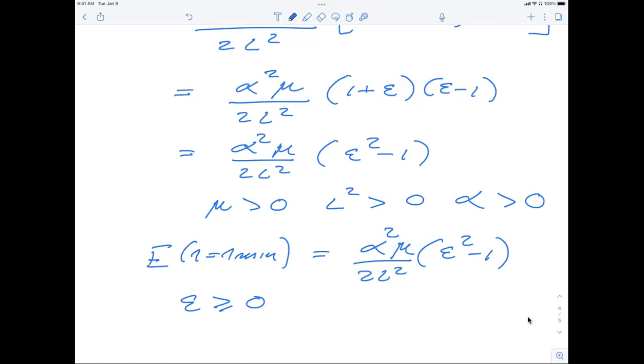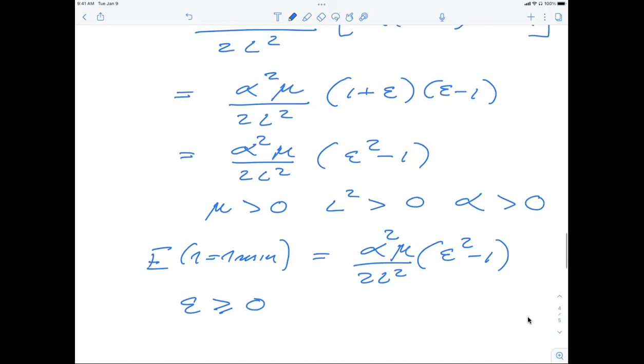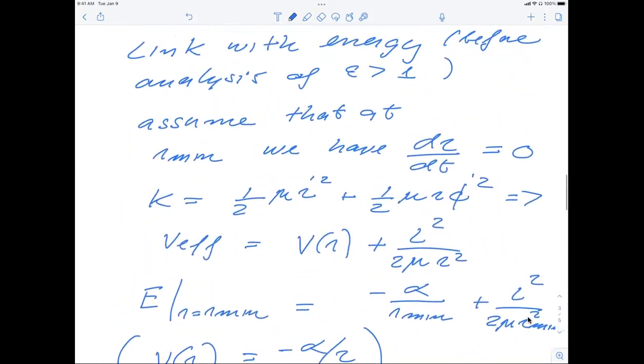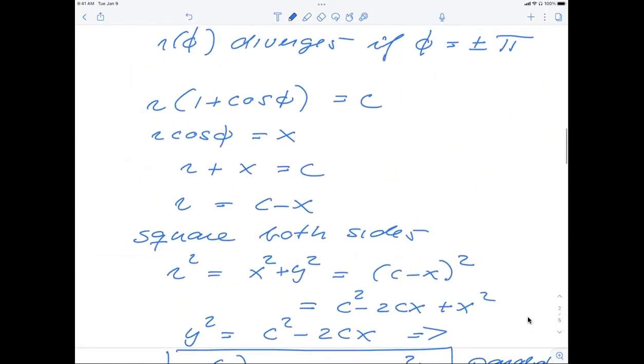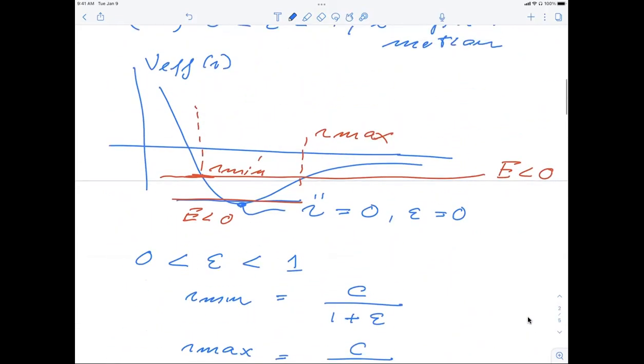So if we go back to the energy curve, let's just bring it back. We could now say that R min is this quantity here. So you could think of your object going back and forth between an R min and R max. So this was actually elliptical motion, or it could be at the bottom here, or we could place it here.